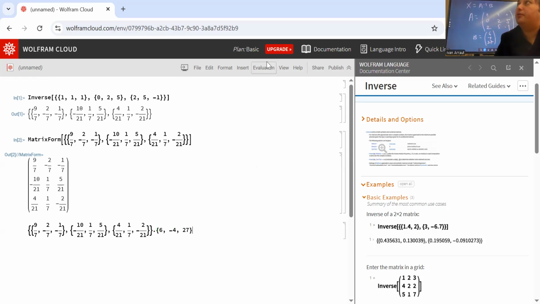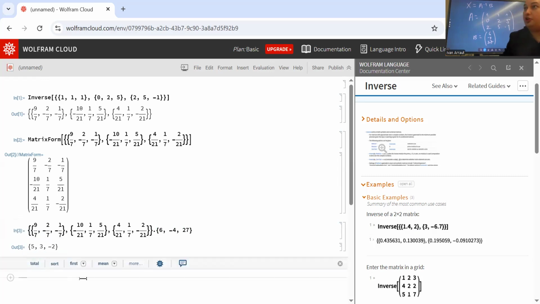It should give me something. This is the result. I solved the three variables. I solved x, y, and z. X is 5, y is 3, z is -2. It should be like that.